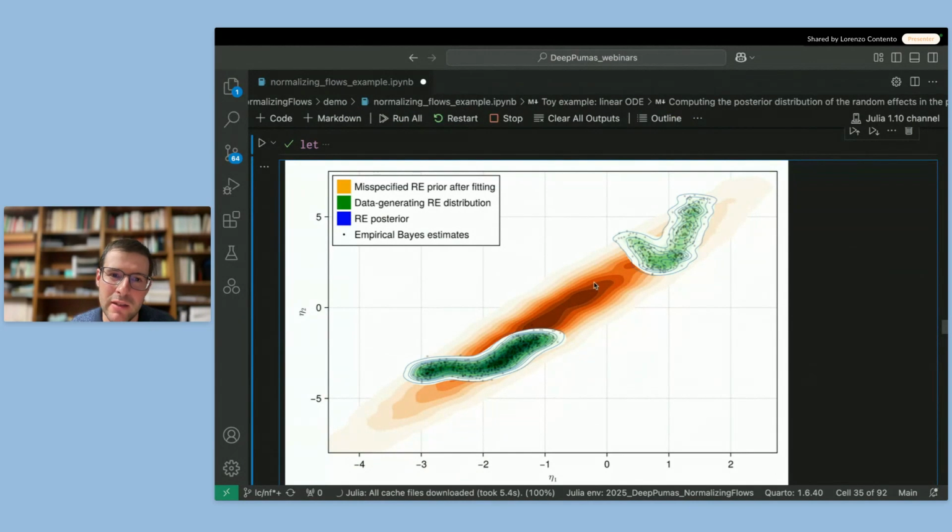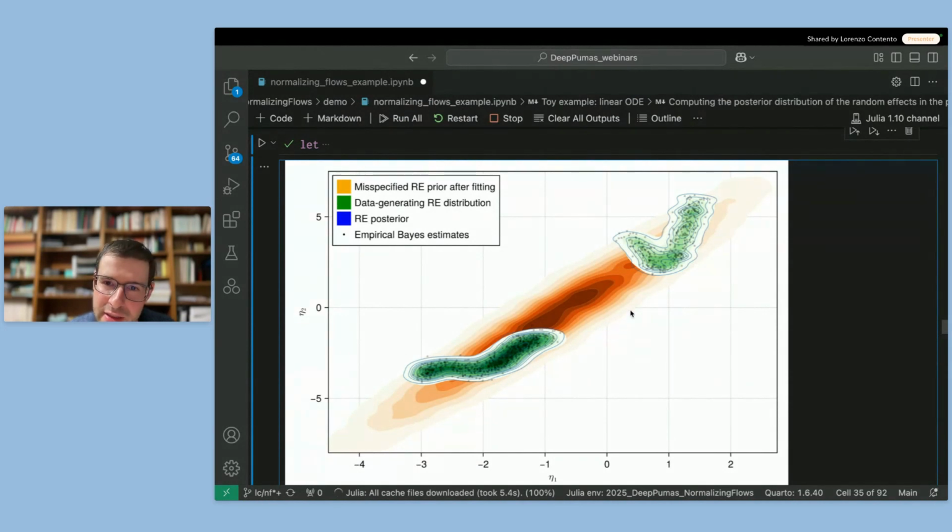So again, we have the misspecified random effects distribution, in green the ground truth, and I've added in blue the random effect posterior. So you see that it covers the true generating distribution pretty well.